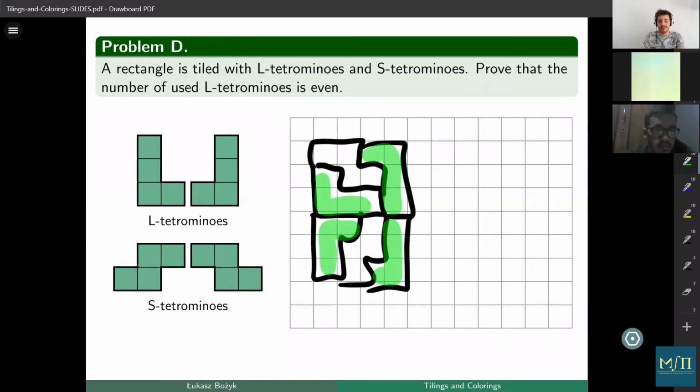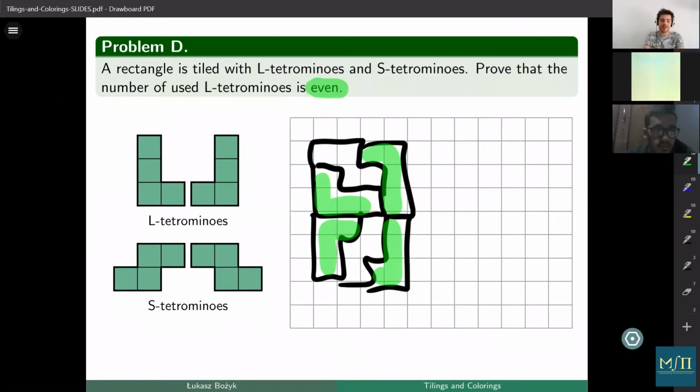Okay, now we may think how to get this evenness, where to get it from, especially given that it's regardless of the rectangle that is here. And the answer is, look, we have two tiles here, right? L tetrominoes and S tetrominoes.